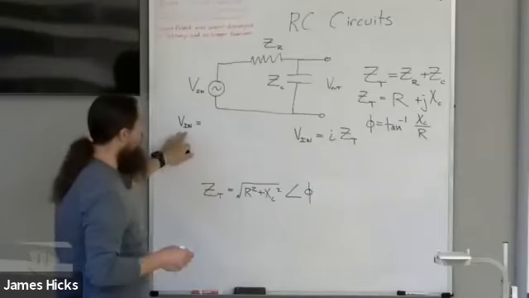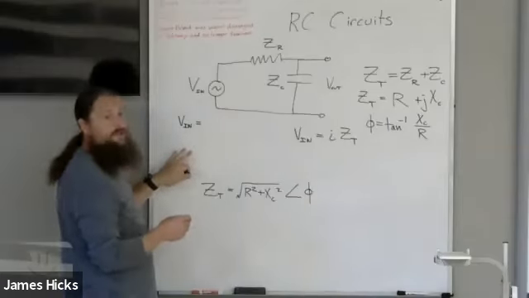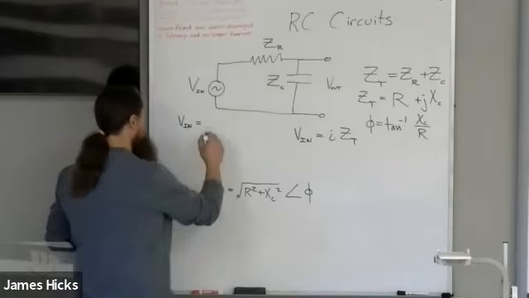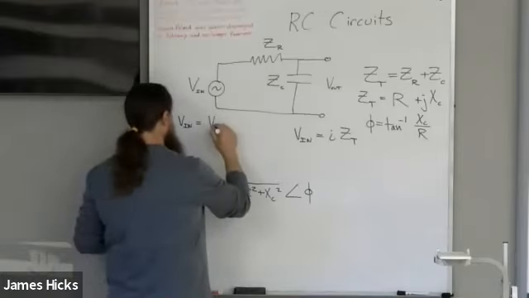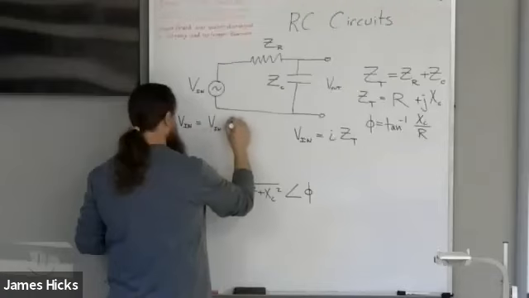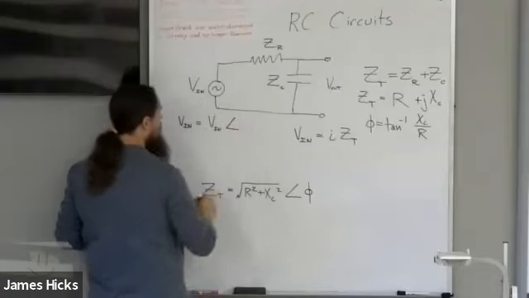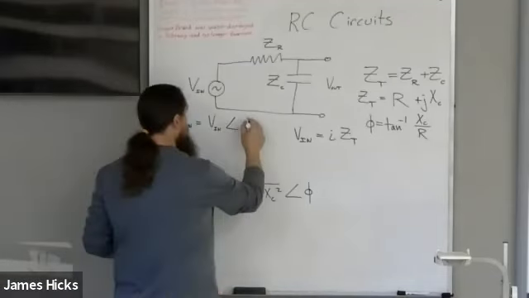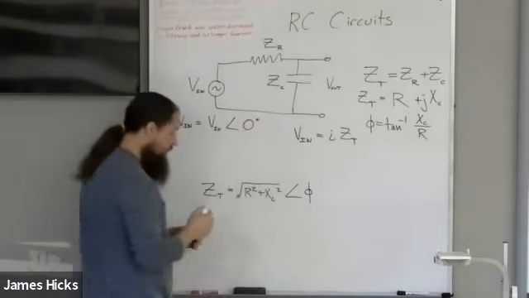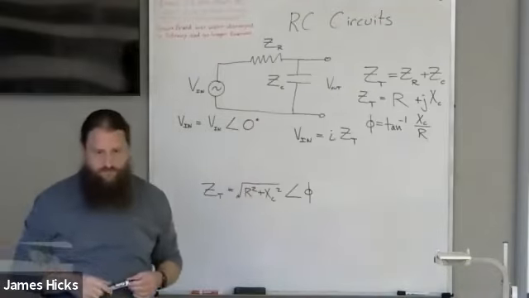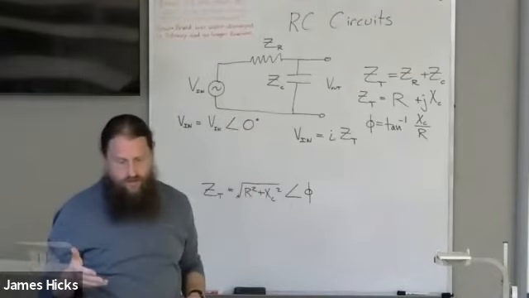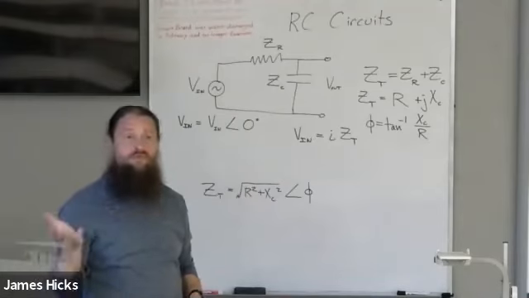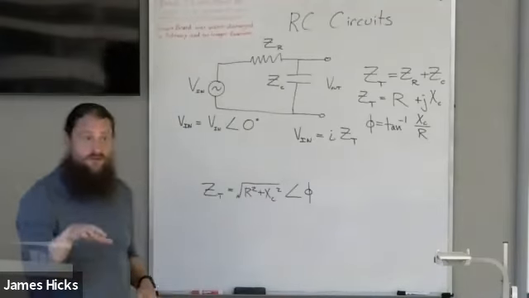So this V in, if I look at this in phasor notation, the angle that it's going to have is just 0 degrees. But we need to carry that with us for the next part.